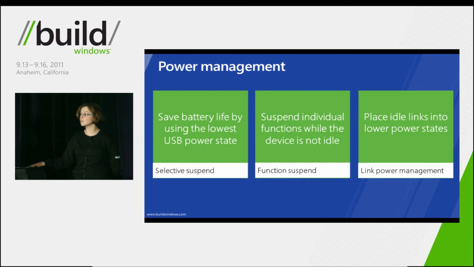And so it is required as part of the USB 3 specification. The Windows 8 USB 3 stack fully supports link power management on USB 3 hardware. So I encourage you to take advantage of the power savings by utilizing the lower links when implementing your devices.